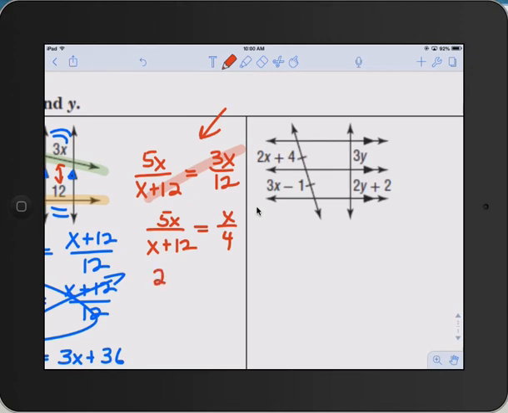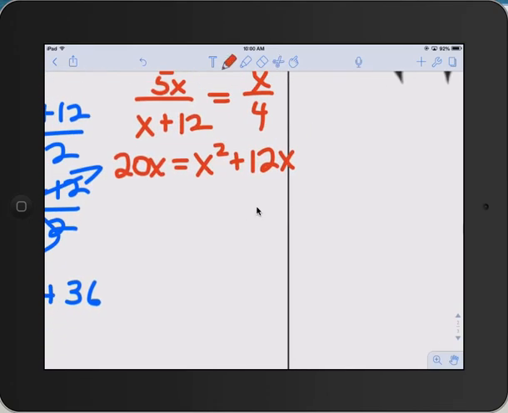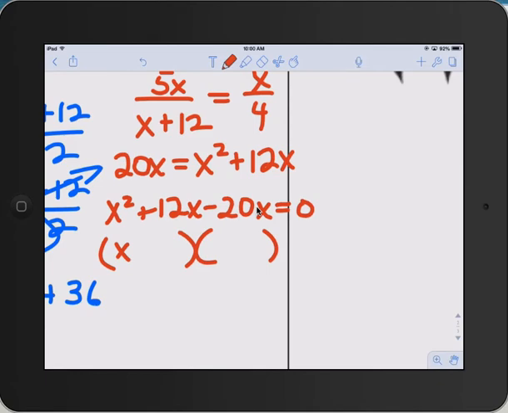So that would be 20x equals x squared plus 12x. And then to factor, you have to get everything on one side. So it would be x squared plus 12x minus 20x equals 0.